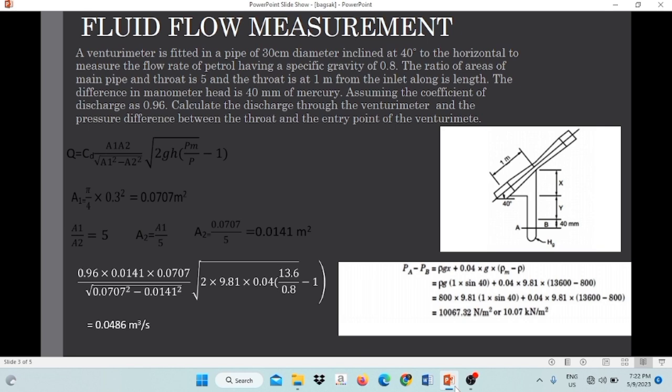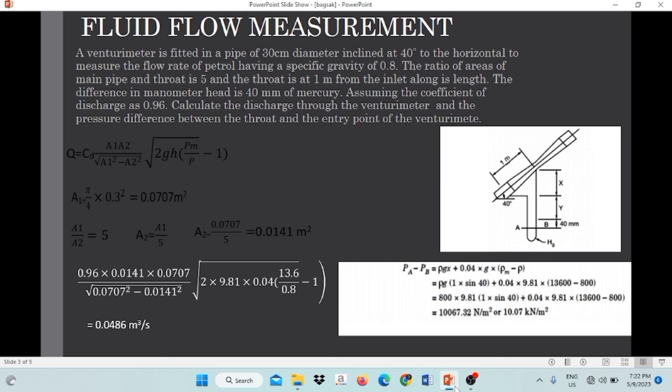Since we have the incline at 40 degrees to the horizontal, we're going to input that. So the equation is density times gravity times 1 times sine 40 plus 0.04 times 9.81 times 13,600, which is the density of mercury, minus 800.